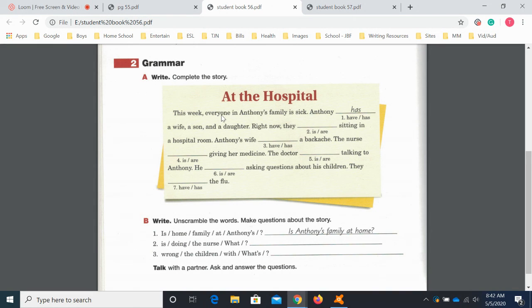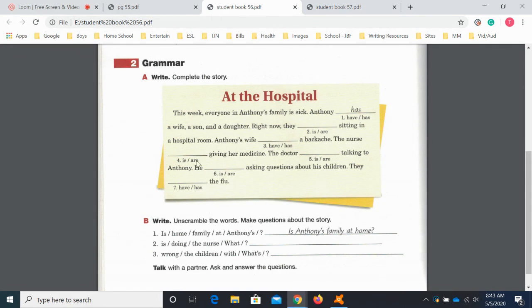This week, everyone in Anthony's family is sick. Anthony has a wife, a son, and a daughter. Right now, they are sitting in a hospital room. Anthony's wife has a backache.